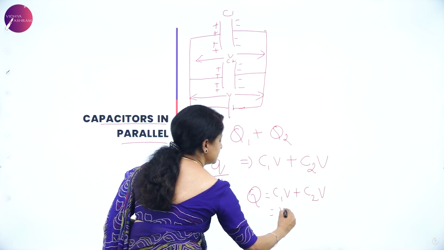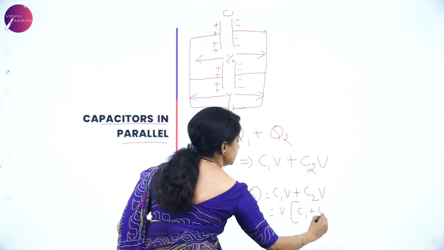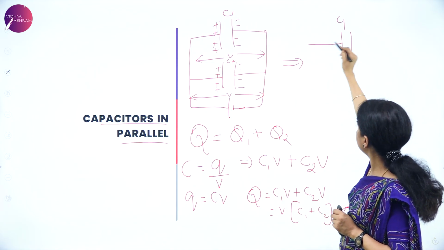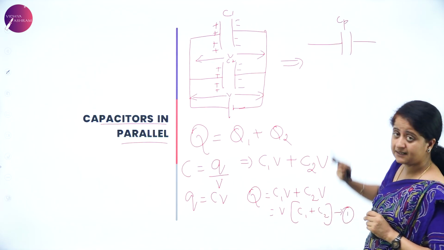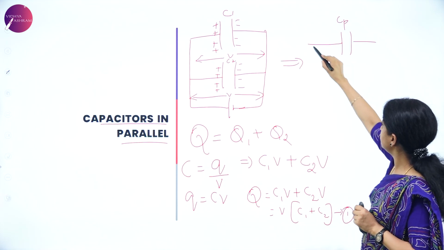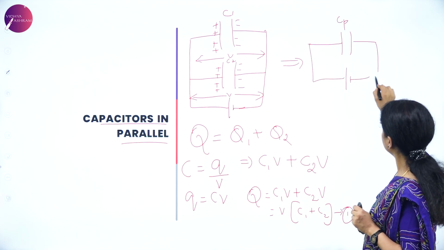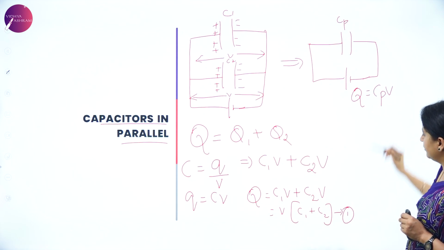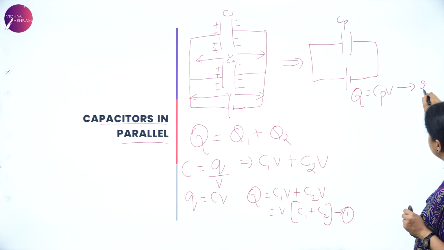In this V is common, so we can write C1 plus C2 and this is my equation 1. When these two capacitors in parallel are replaced by a single capacitor of capacitance Cp, then the equation can be written as Q is equal to Cp into V and this is my equation 2.